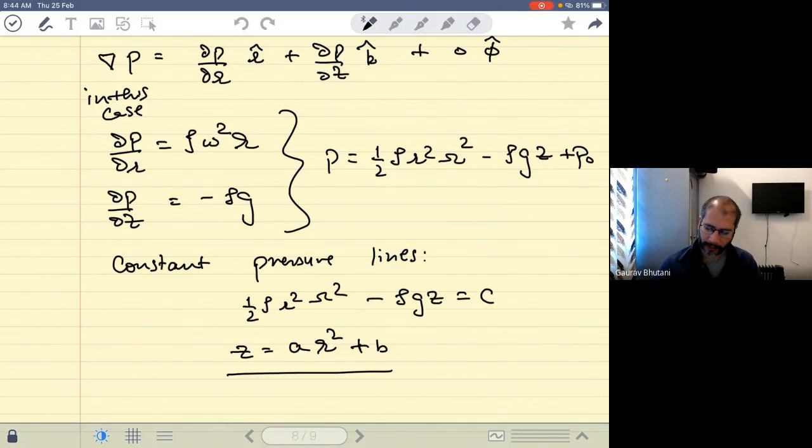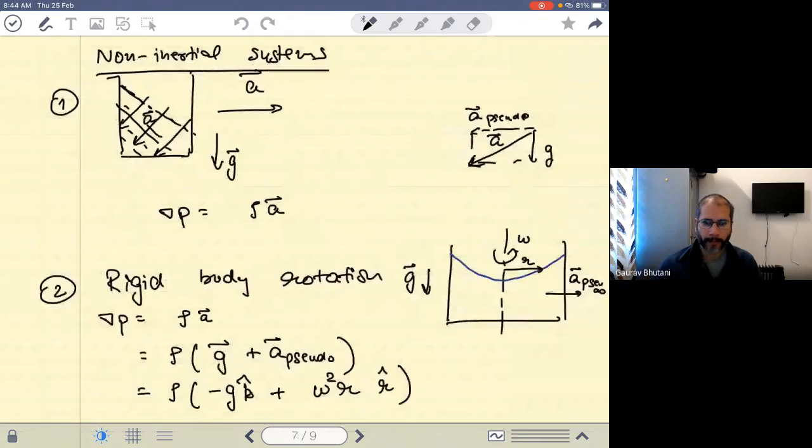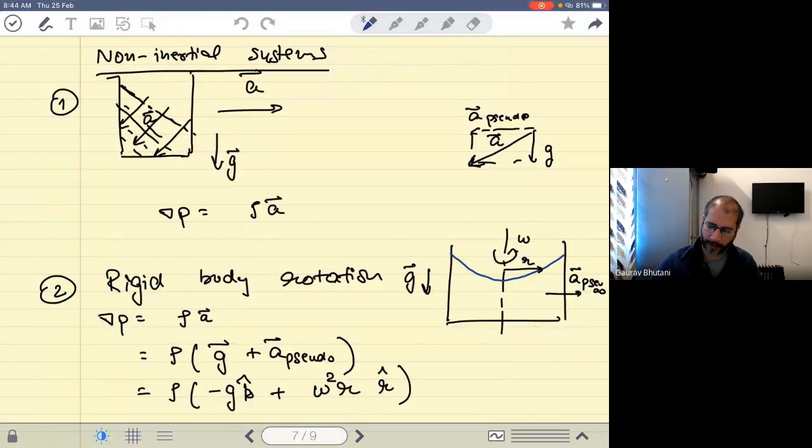So if I go back to the figure, you see that whatever I had drawn earlier was actually correct. It is a parabola. So the constant pressure lines in this case are parabolas, or since we're talking about 3 dimensions, they are paraboloids. We call them paraboloids of rotation. Is that clear?